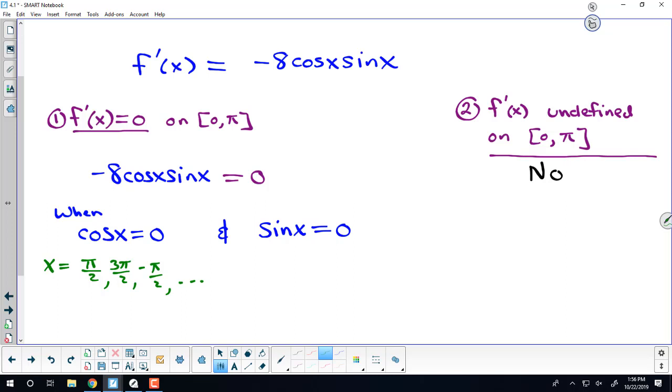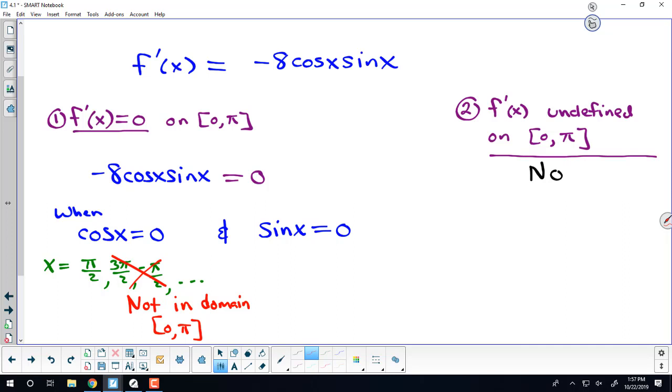The function was only defined on 0 to pi, so it's just pi over 2, right? We wouldn't consider all of those other ones as critical points because they're not in the domain from 0 to pi.